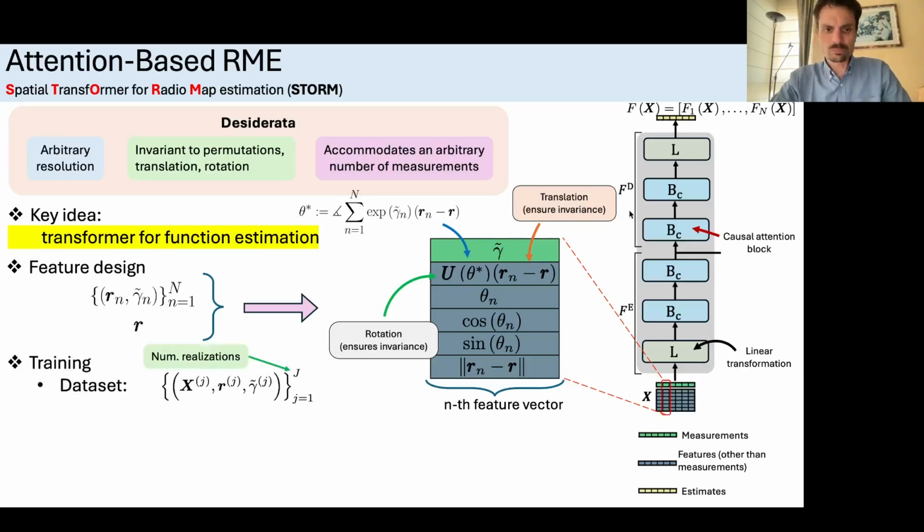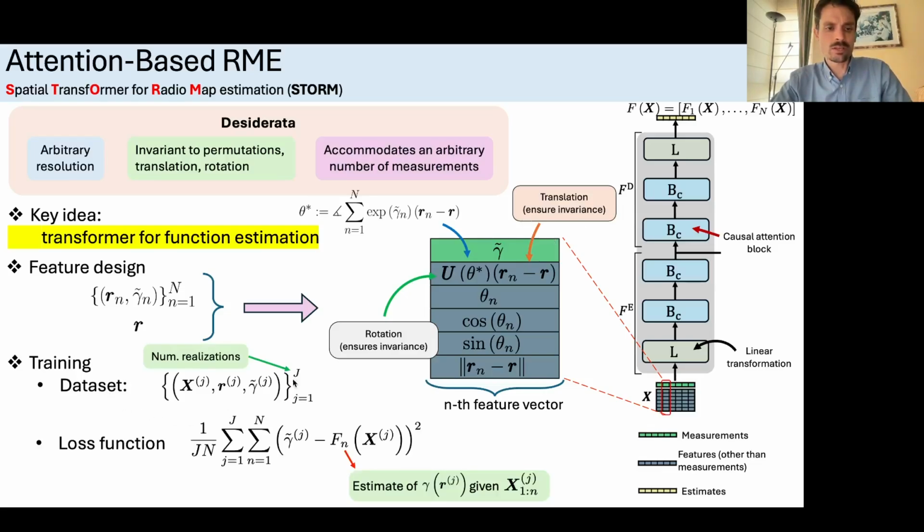So in other words, if we are given a data set of this form where we have j realizations, we can construct a loss function where we have n terms per realization.